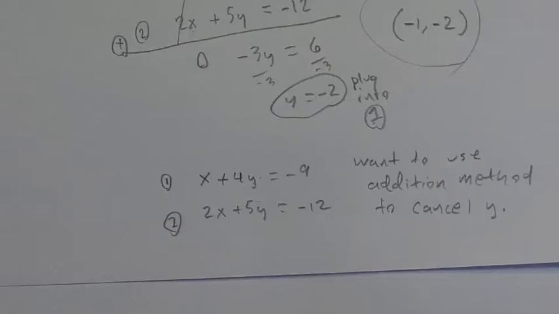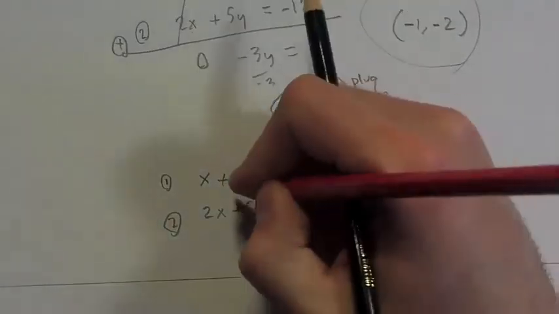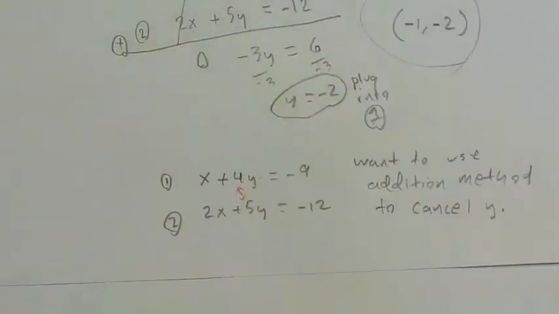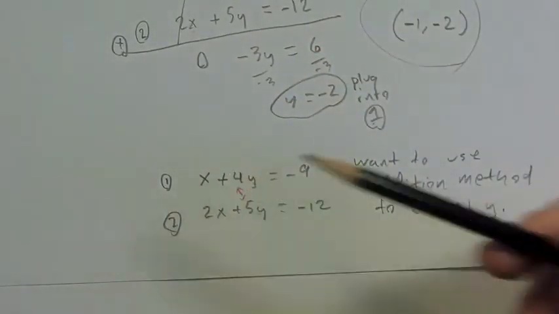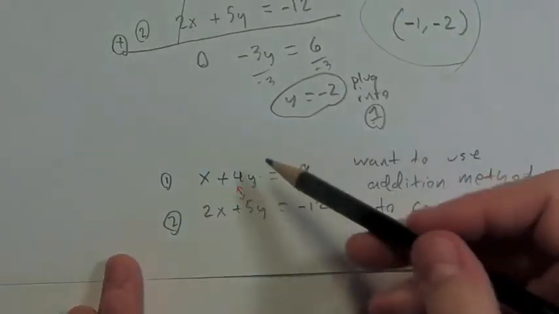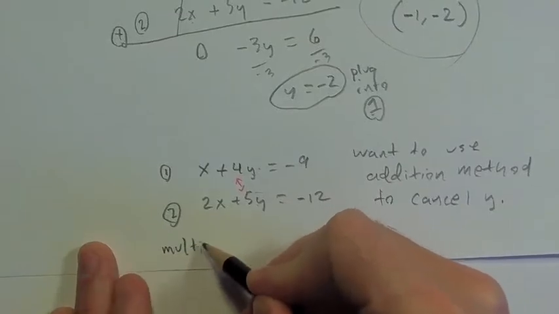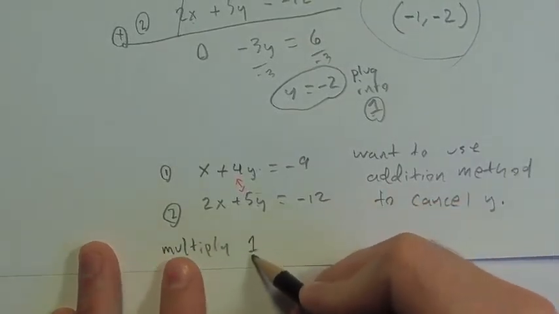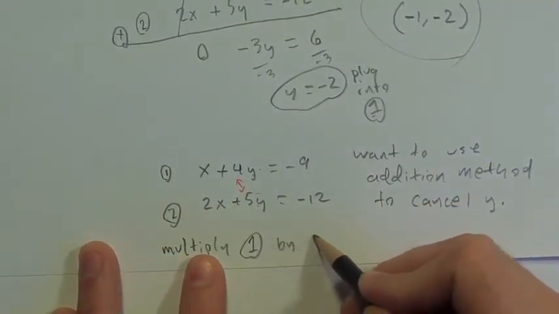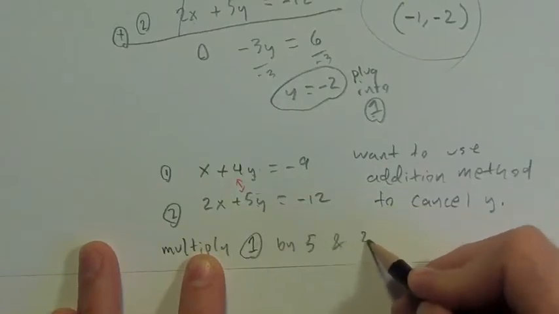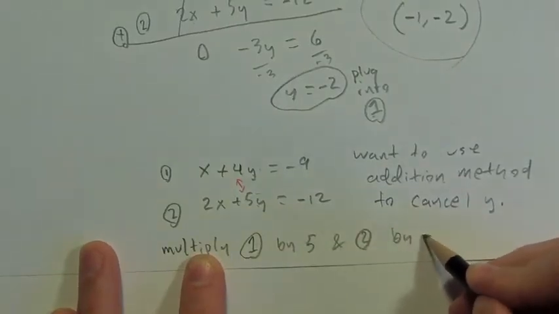So what we do instead is we sort of cross match. We're going to multiply equation 1 by 5 and equation 2 by negative 4.